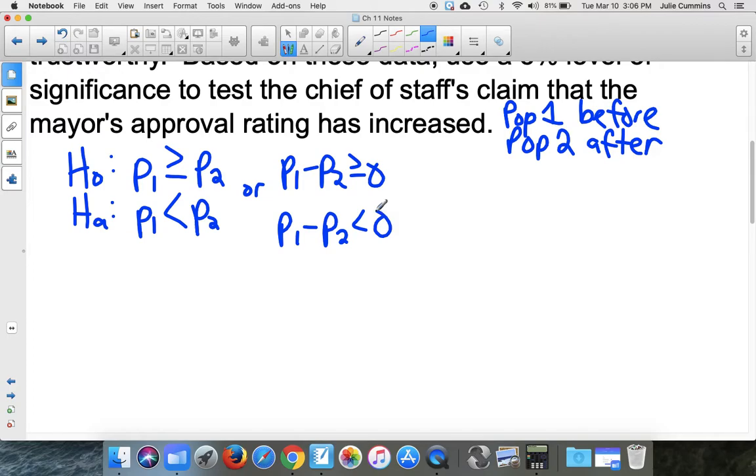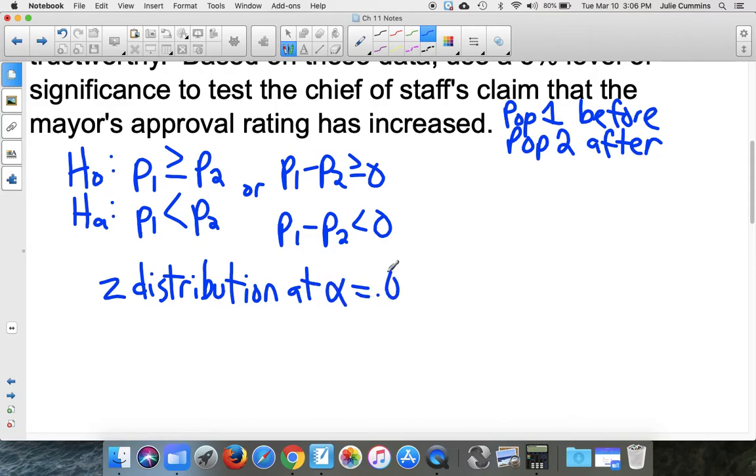All right, we are running a z-test. Population proportions, proportion tests are always z distributions, at our alpha level of 0.05.